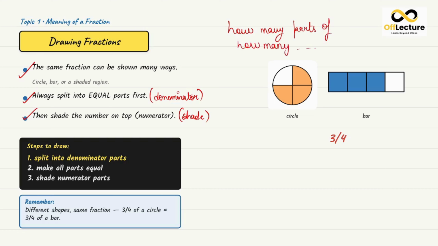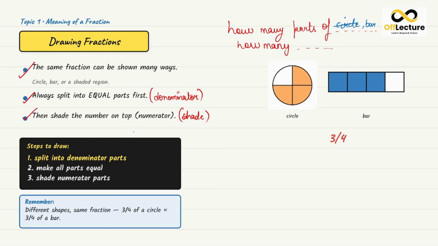We can write here circle, that is how many parts of circle, or we can write how many parts of bar, like this. Okay. So this is universal. It's not dependent upon the bar or circle. The fraction will remain the same. Okay. So the ratio is the same in a circle or a bar, no matter what shape it is.